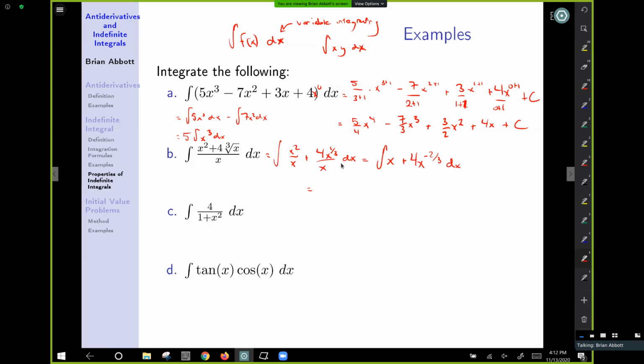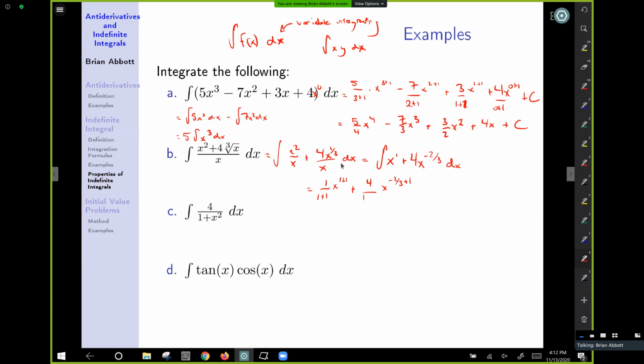To do it, remember that the exponent on x is 1, so we have x to the 1 plus 1 times 1 over 1 plus 1, plus 4 times x to the negative 2/3 plus 1. Negative 2/3 plus 1, that is what? That is 1/3. Same expression, but that simplifies to 1/3.